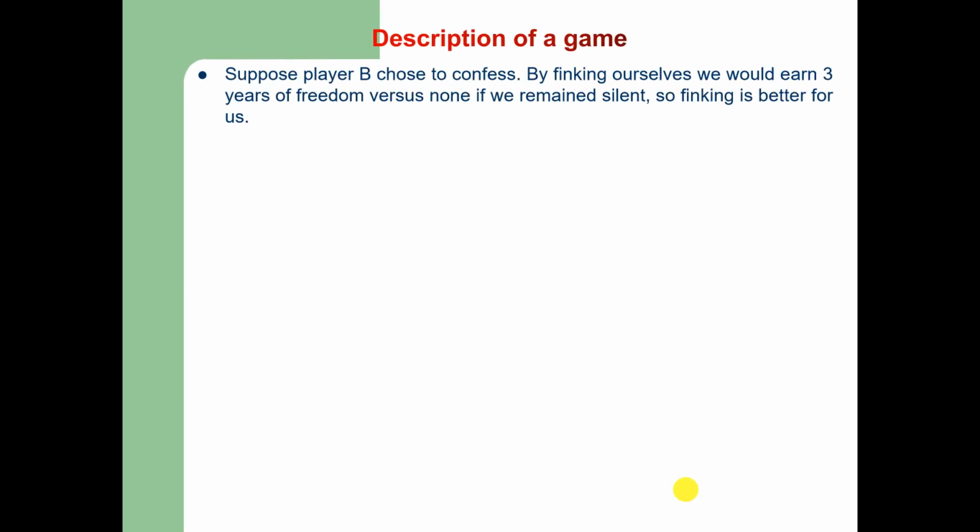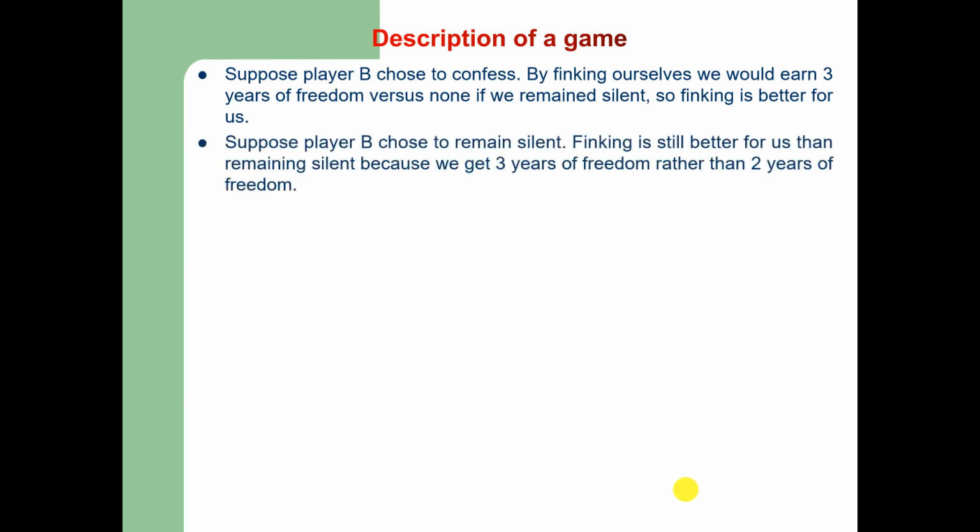By confessing ourselves, we would earn 3 years of freedom versus 0 years of freedom if we remain silent. So confessing is better for us. Now let us suppose that player B does not confess, but remains silent. Confessing is still better for us than remaining silent, because we get 3 years of freedom rather than 2 years of freedom.